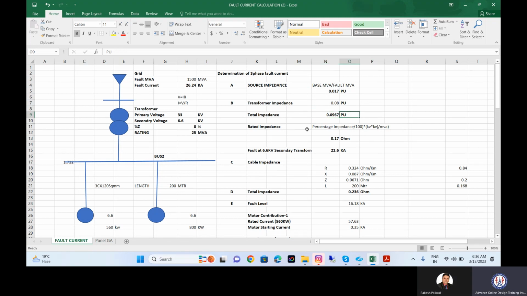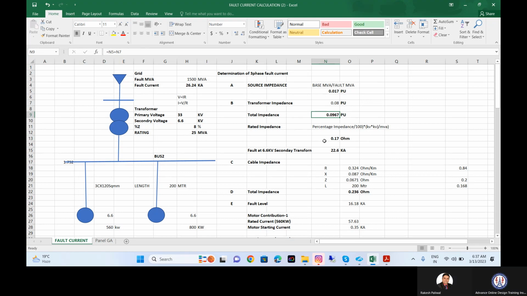Now this per unit will be converted to ohm. For ohm, this is the formula: percentage impedance divided by 100 into kV square upon MVA. Just to convert this in ohm, V equal to root 3 I Z, Z is in ohm.